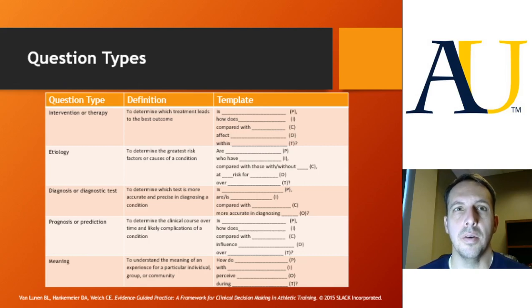Not that the overall sentence is important. Really, the important component is the different components of the acronyms, the P, the I, the C, the O, and the T. But creating a question gives us an overall framework for then going about our next steps in the evidence-based practice.